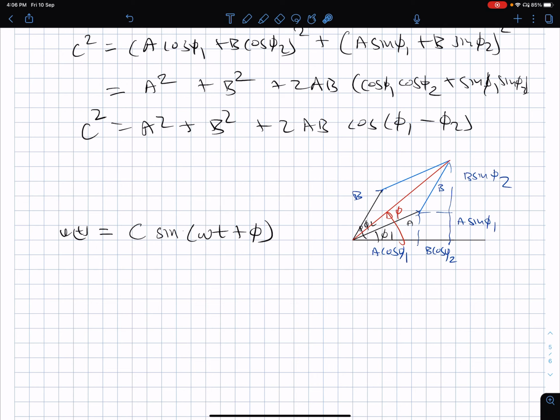And how did I get it? I just got it by doing the parallelogram law.